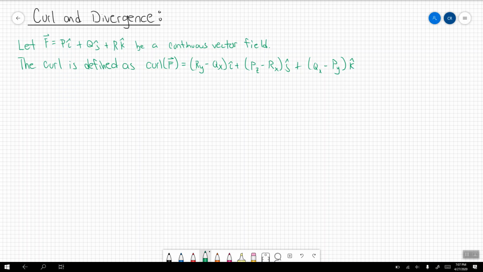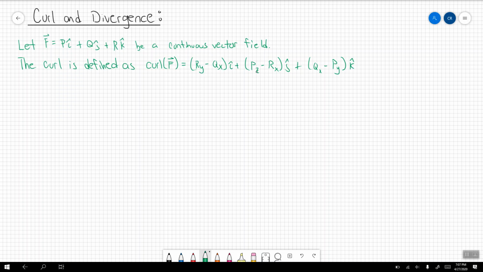Right. Now in here I'm going to say let F be a continuous vector field that's going to be defined in R^3 with P, Q, and R components respectively on the i, j, and k unit basis vectors. The curl for that vector field is given by the partial derivative of R with respect to y minus the partial derivative of Q with respect to z in the i component.